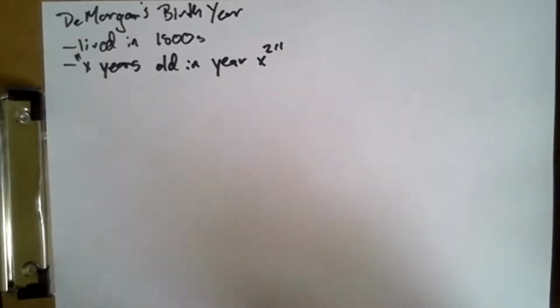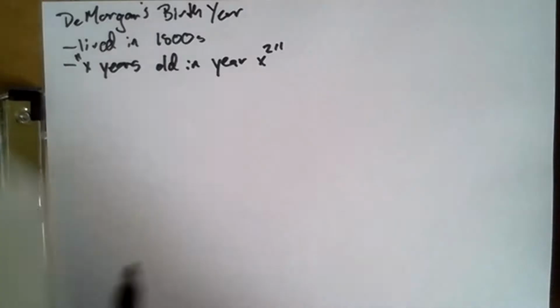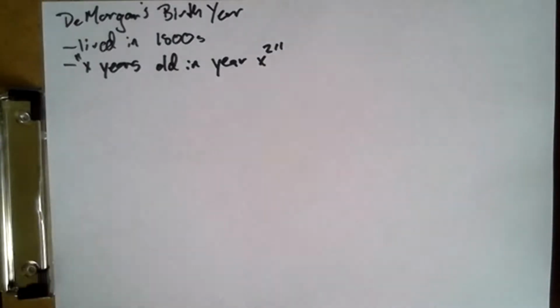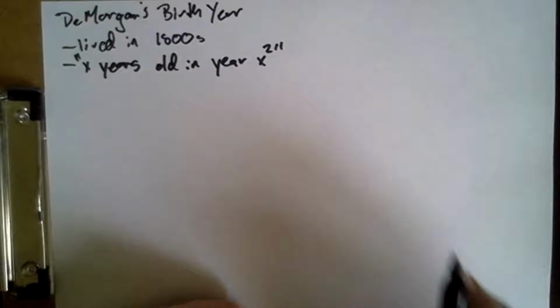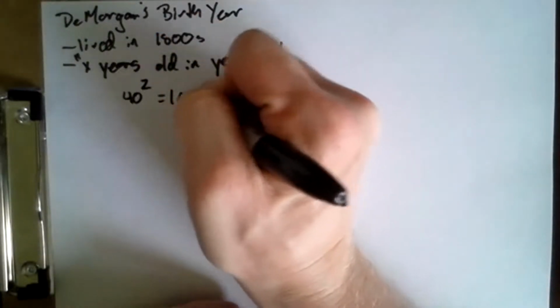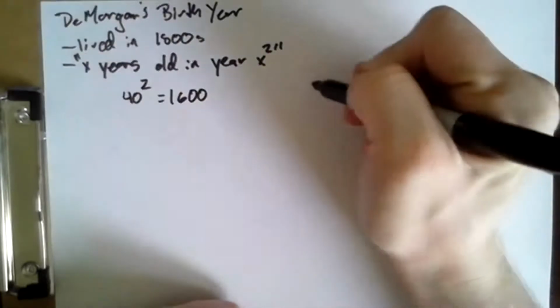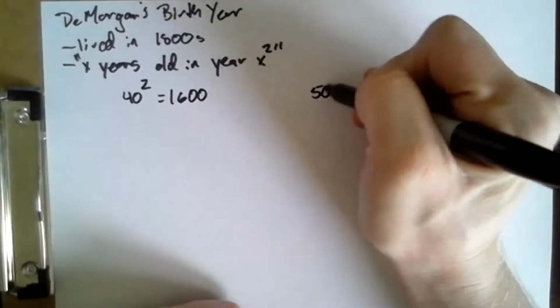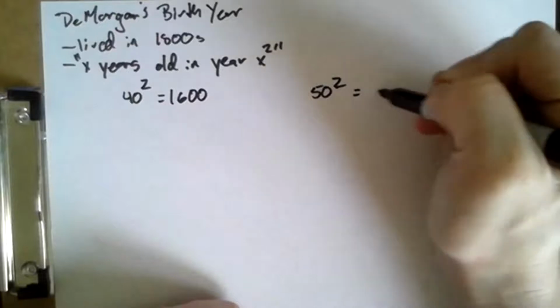Okay, so since he lived in the 1800s, we can note a few things. The first is that 40 squared is 1,600, and 50 squared is 2,500.